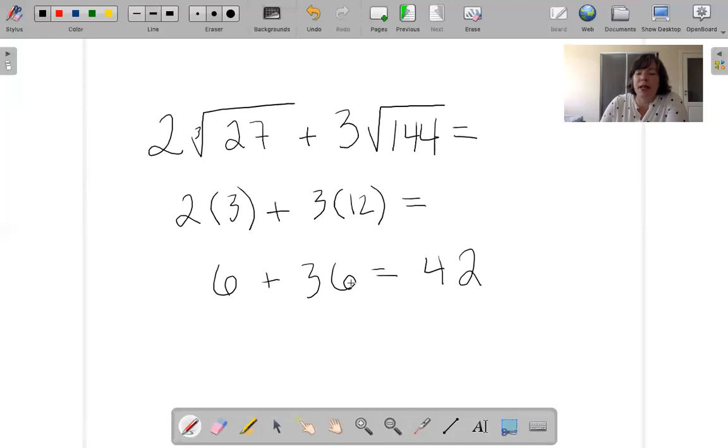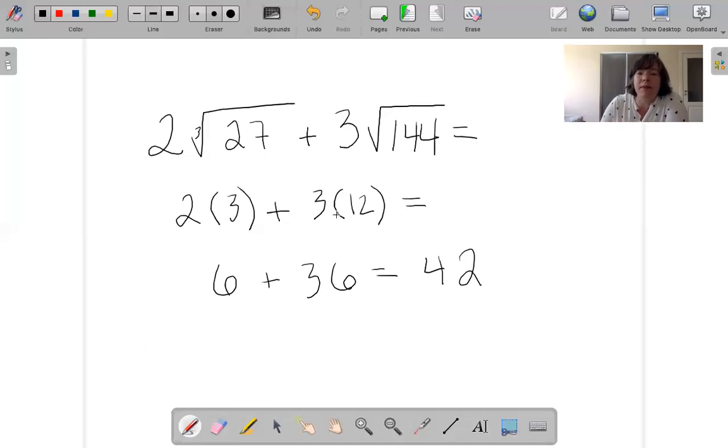So look at how easy we made it. 2 times the cube root of 27 plus 3 times the square root of 144 is 42. The whole point of math, just in case no one's ever told you this before, is simplifying things.